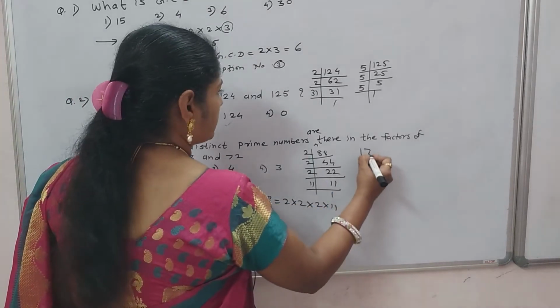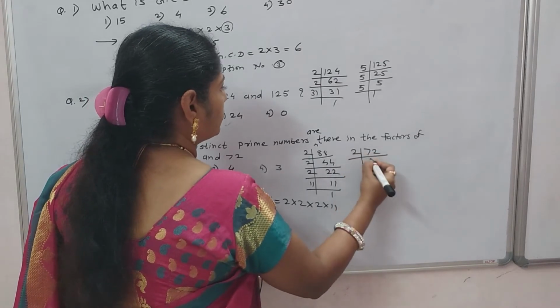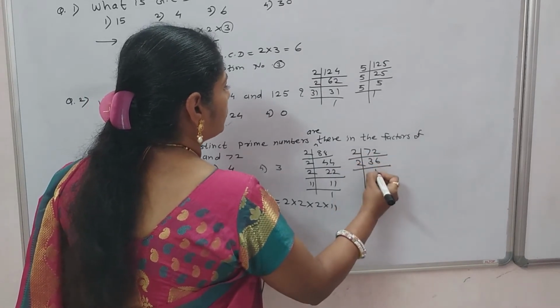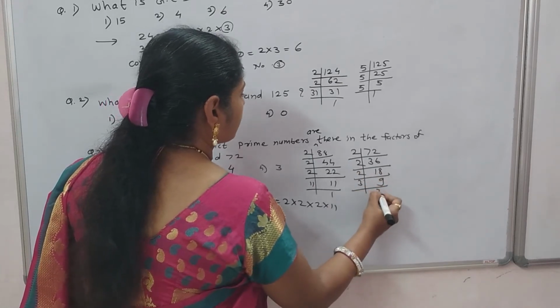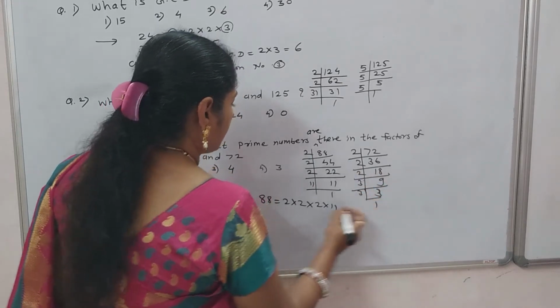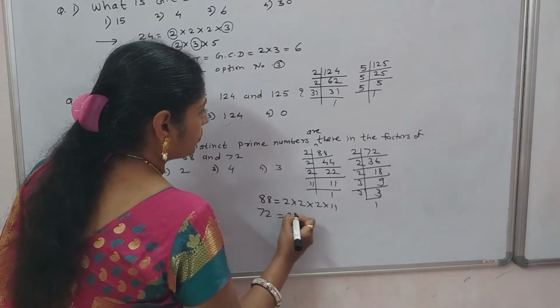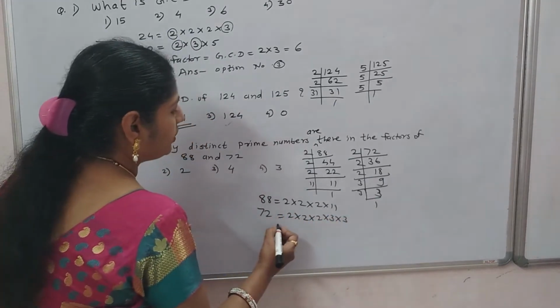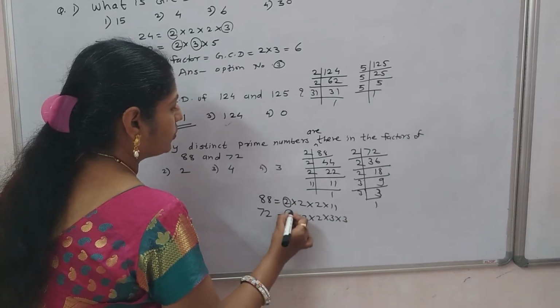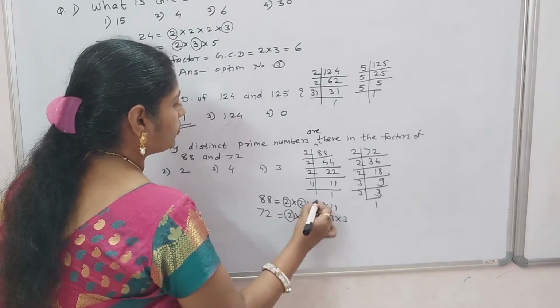Factors of 72: 2, 36, 2, 18, 2, 9, 3 3s are 9. So 72 is 2 into 2 into 2 into 3 into 3.